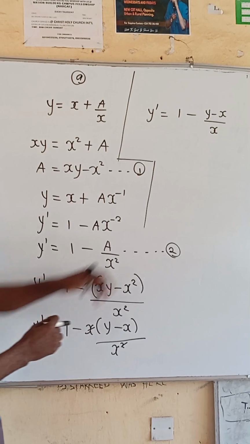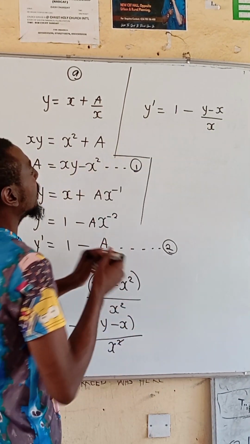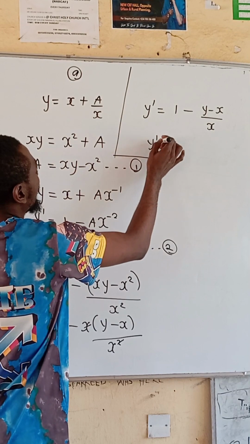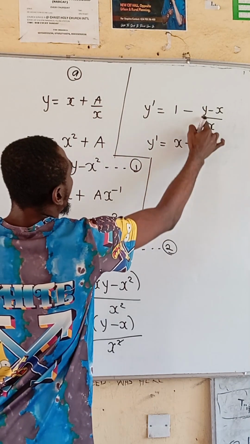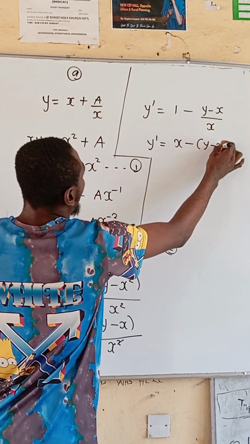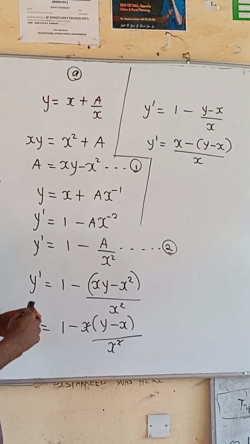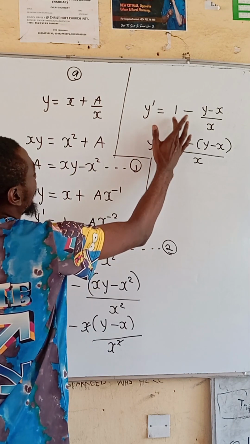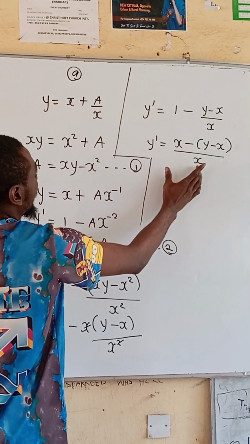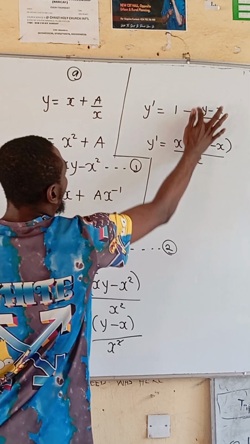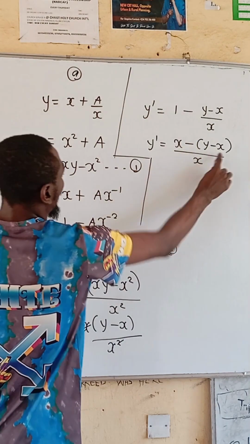So we're going to find the LCM. Let's multiply x times 1. We have y prime is equal to x times 1 is x, then minus into y minus x all over x. That's done the LCM. The denominator here is like 1, x divided by 1 is x, x times 1 is x divided by x is 1, 1 multiply this will give you the same thing, just like having minus 1 to open the bracket.